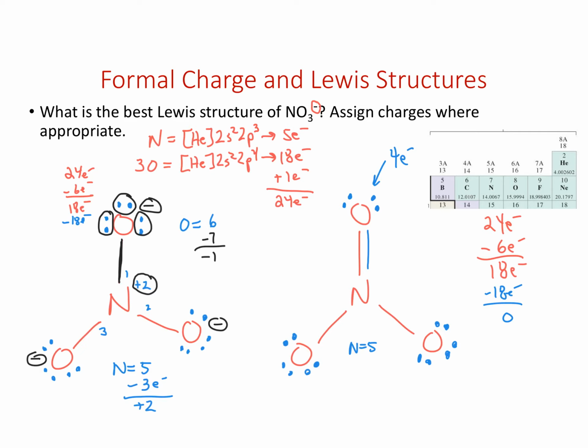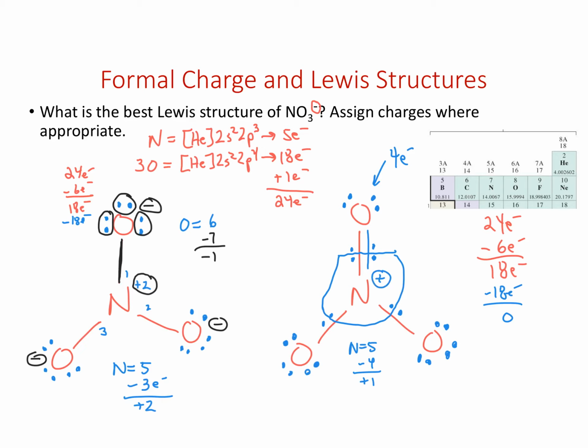I've got 1 electron in each of these covalent bonds. We'll think of that as 2 electrons there, 2 electrons there, 2 electrons here, and 2 electrons here. So for that nitrogen, I have those 4 electrons assigned to it. So group 5 minus 4, I should have a charge of +1 on that central nitrogen.